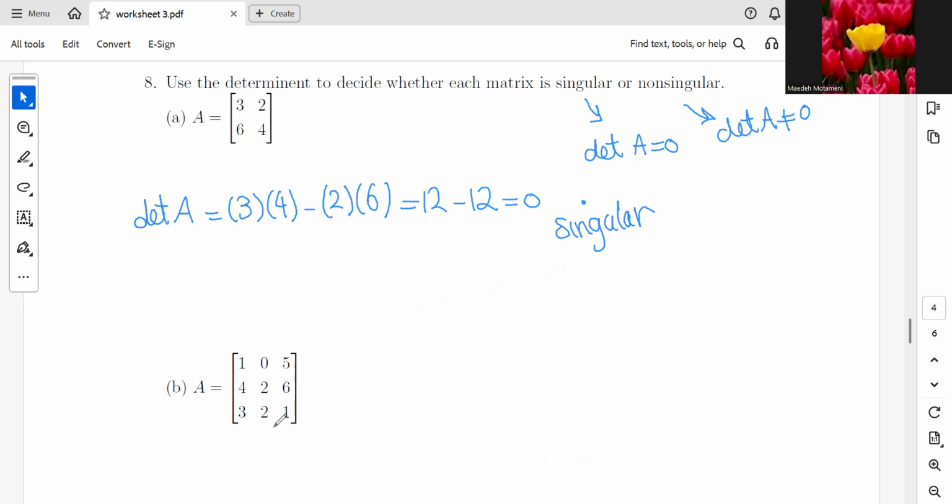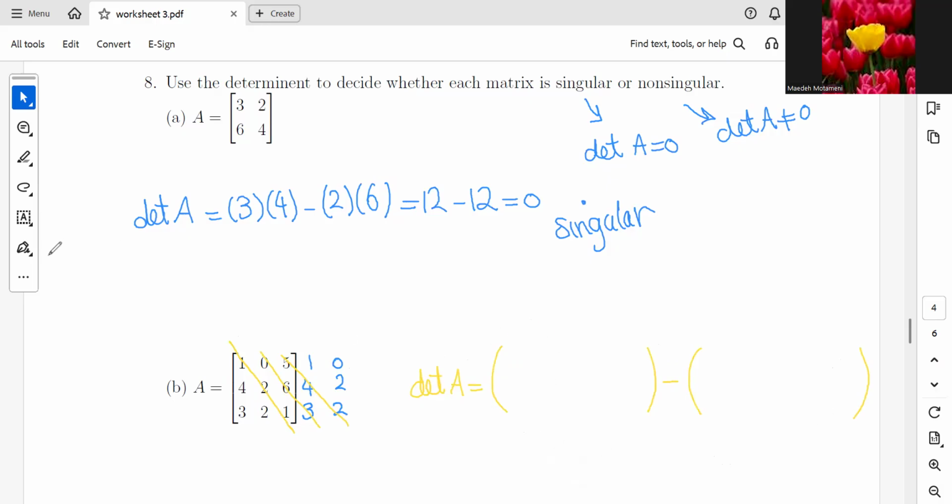For part B, we can copy the first column and the second column. And you would do this, multiplying these together. So for determinant of A, we're going to have a part of it minus another part of it.